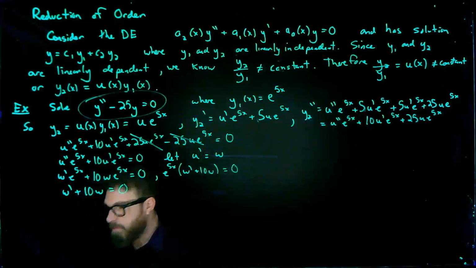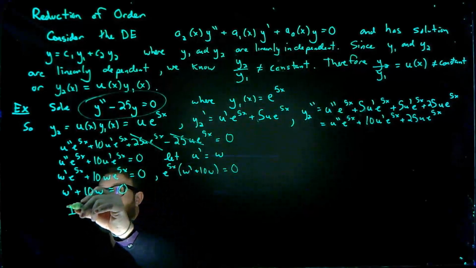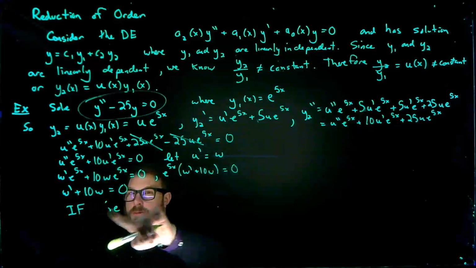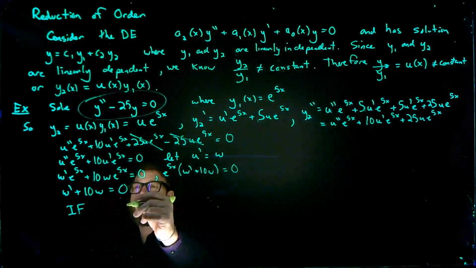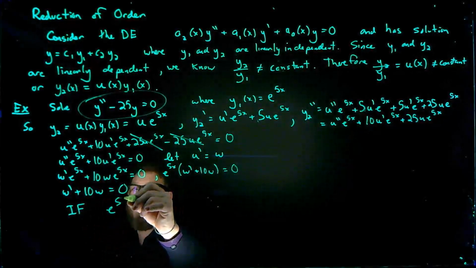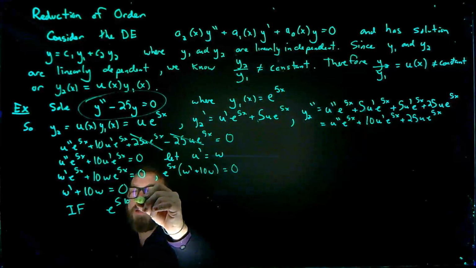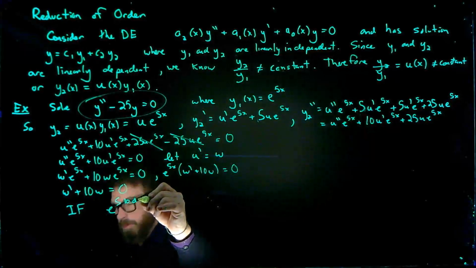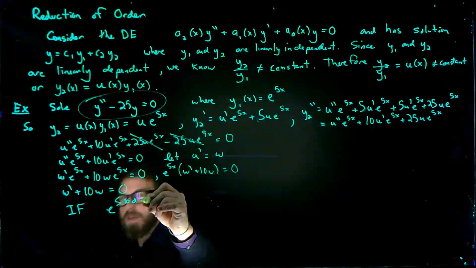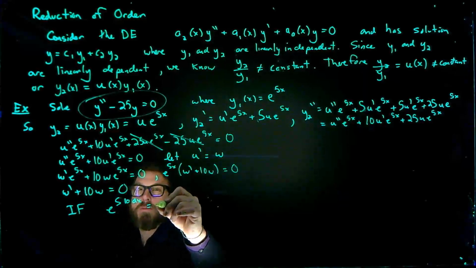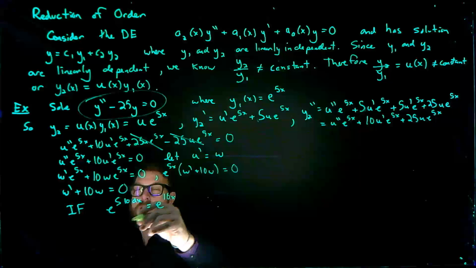So I know that the integrating factor is going to be e to the integral of this coefficient, so 10 dx. So this is going to be equal to e to the 10x.